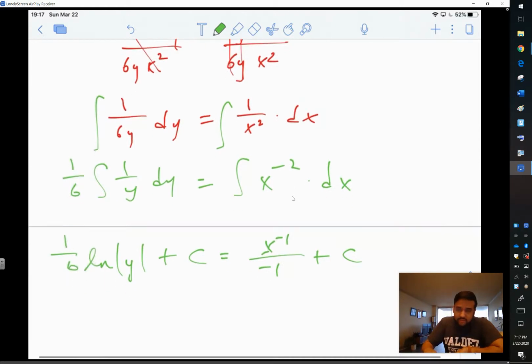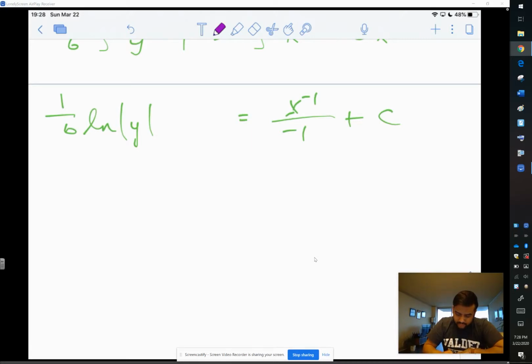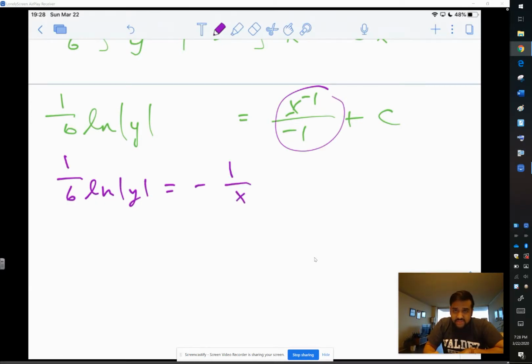So my general solution is this, although I'm going to combine my c's together, and that'll give us that right there. I'm going to go one step further here just to clean this up. This term is negative 1 over x for the same reason it was earlier. And at this point, I'm going to plug in the given point, which is negative 2 comma e squared, and find the value of c.